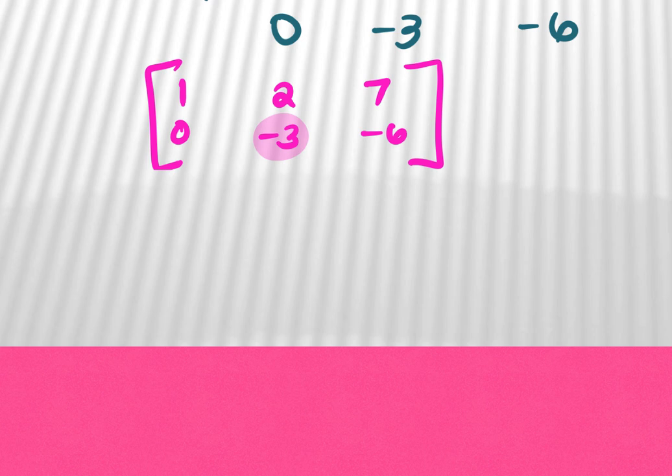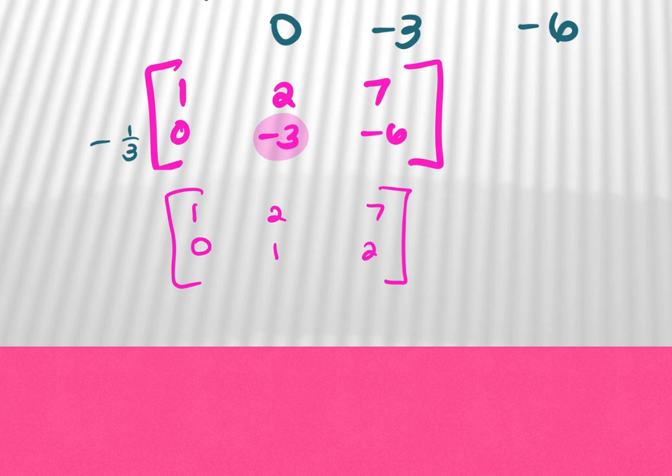So even go further and make it a -1/3. Good. So I'm going to do -1/3 times row 2. And I get 1, 2, 7, 0, 1, 2. So that last step, once you get the 0 in the row, you're always going to multiply by the reciprocal. It's the easy way if you want the 1 there.